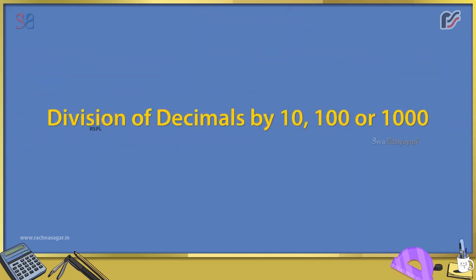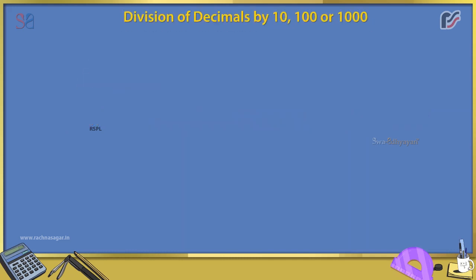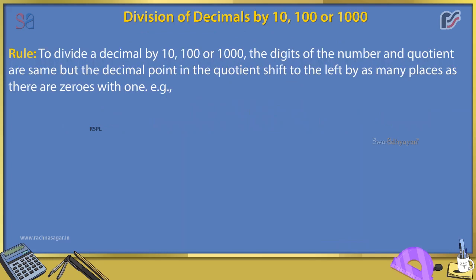Division of decimals by 10, 100 or 1000. Rule. To divide a decimal by 10, 100 or 1000, the digits of the number and quotient are the same, but the decimal point in the quotient shifts to the left by as many places as there are zeros with 1.